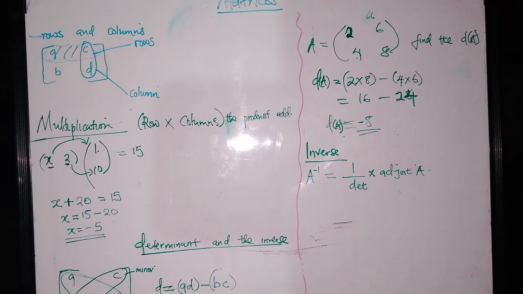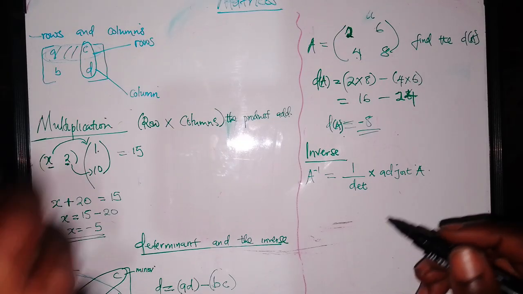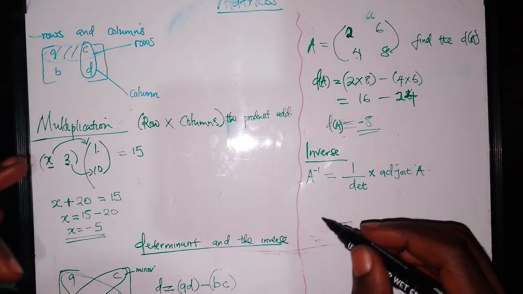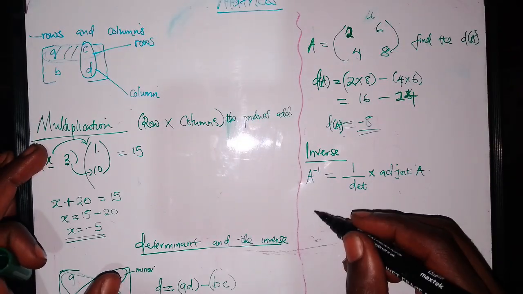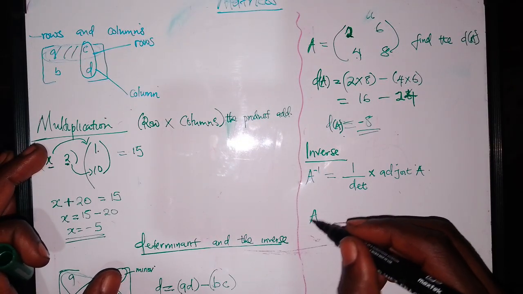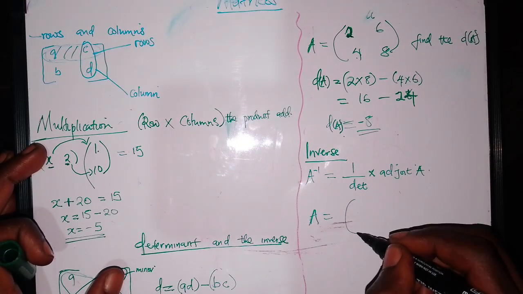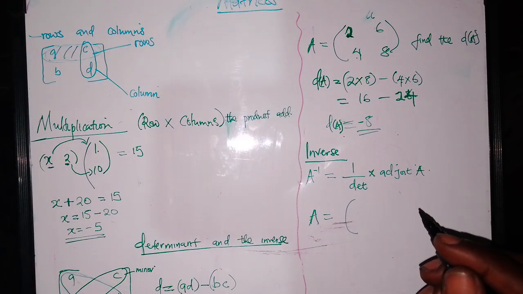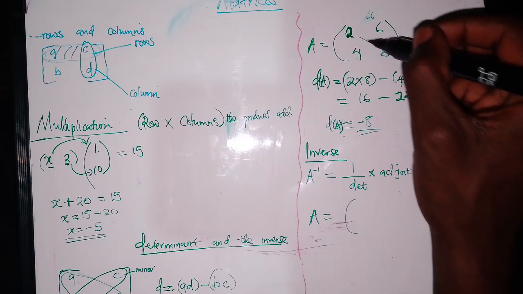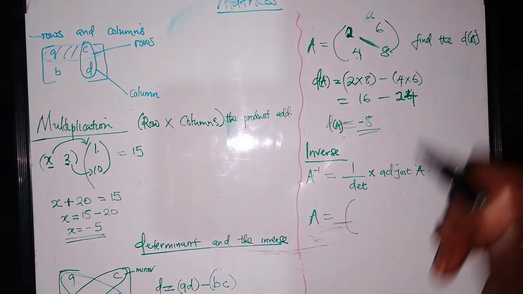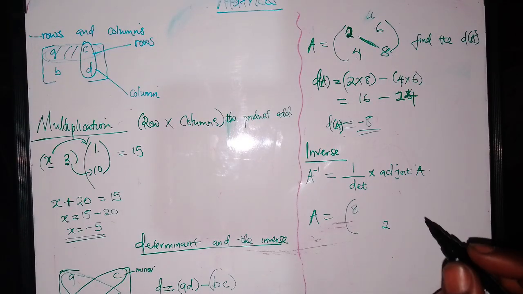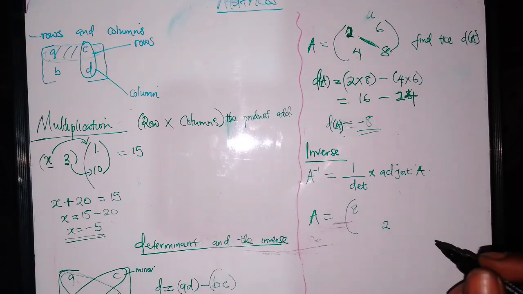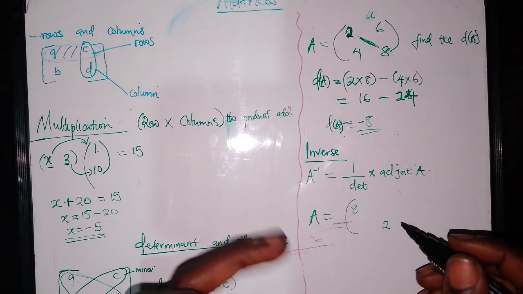An adjoint is a set which is opposite from the normal set. For example, let's take the same A. If we say find the adjoint of A, you are going to swap the numbers in the major diagonal. So you are going to say 8, 2. Then in the minor diagonal, you are going to add negatives.